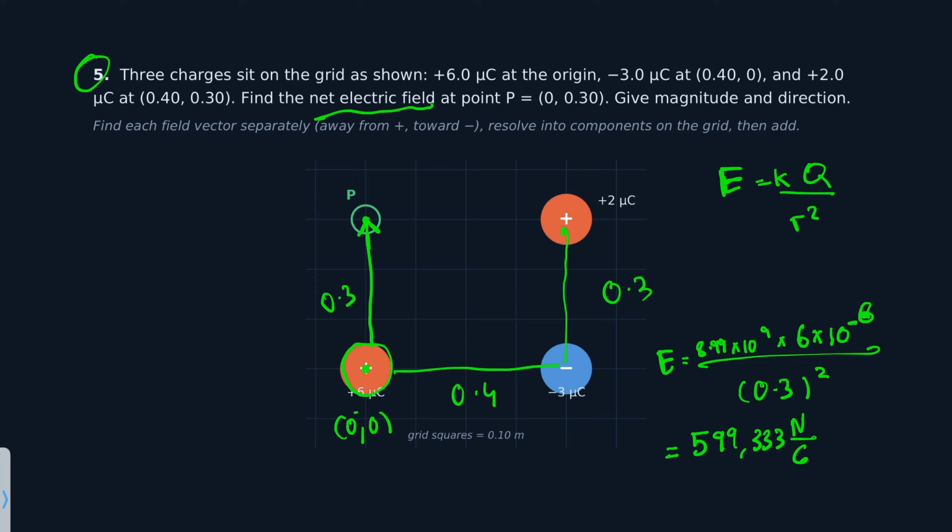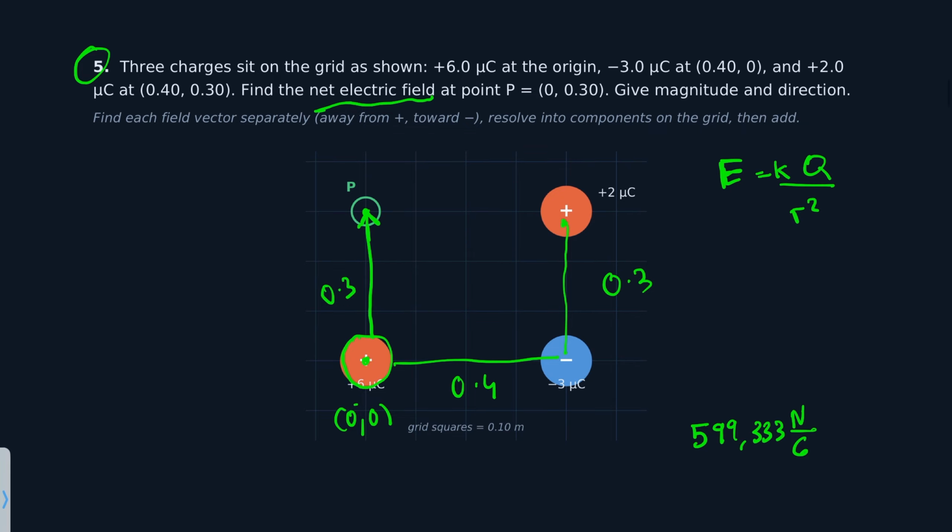And now we're going to start looking at the other fields. So we have the field in this direction, right? So this is in the upward direction because proton fields point outward, right?